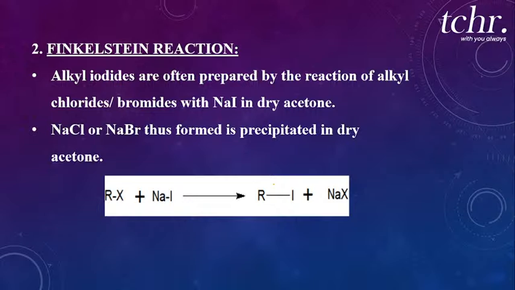So we understood that if we have alcohols, we can prepare haloalkanes using alcohols, and if we have alkenes, we can prepare haloalkanes using alkenes also. Now we are going to the next important method, known as the halogen exchange method. This halogen exchange method is very interesting and a very important method of preparation of haloalkanes.